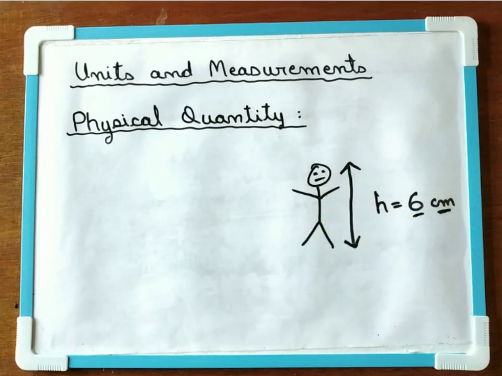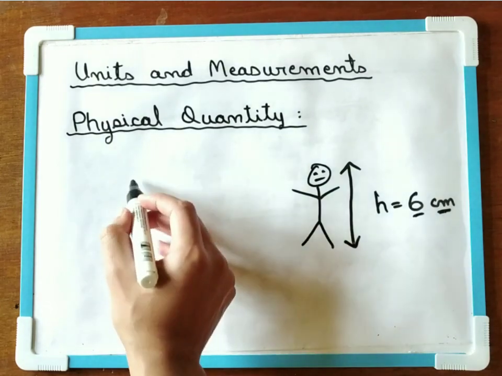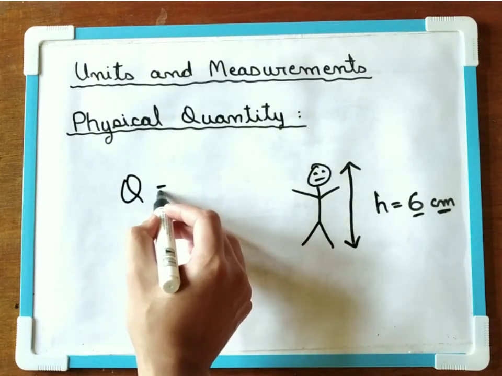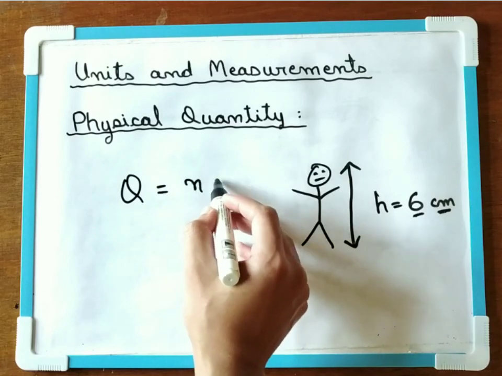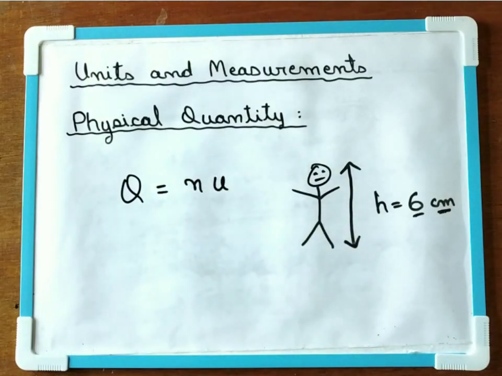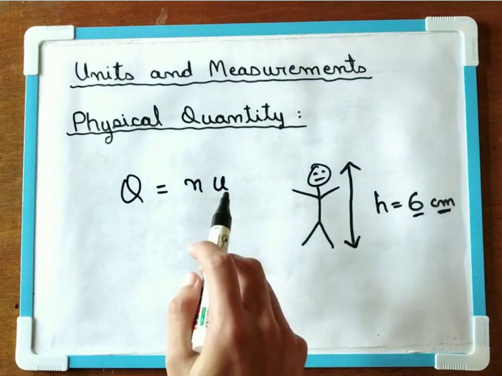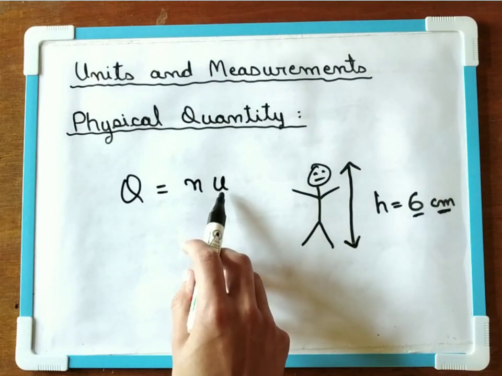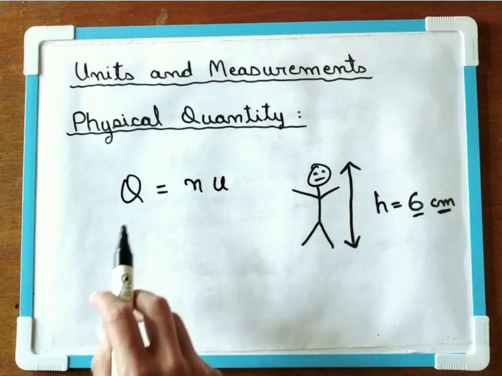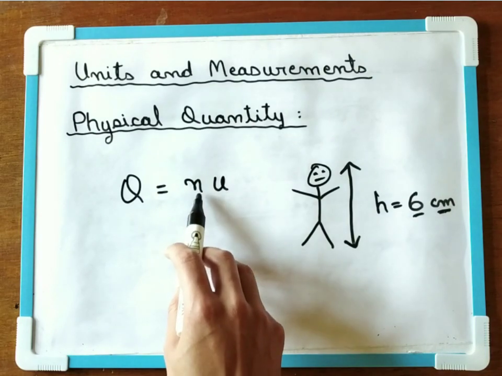Any physical quantity Q is usually expressed as nu. Okay, and u is known as the size of the unit in which you measured the physical quantity, and n is known as the numerical value.